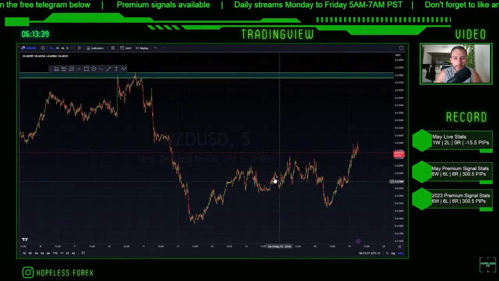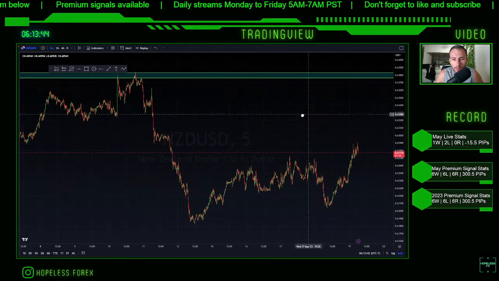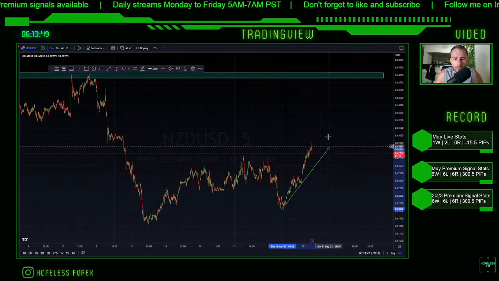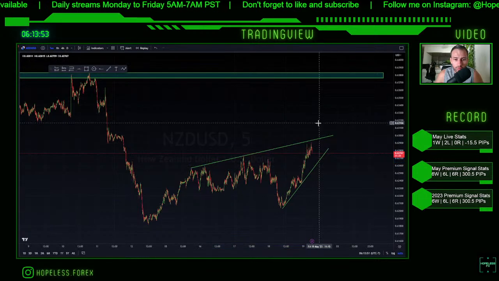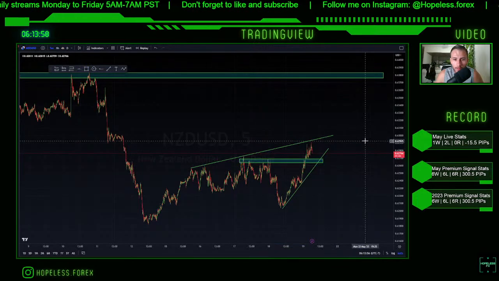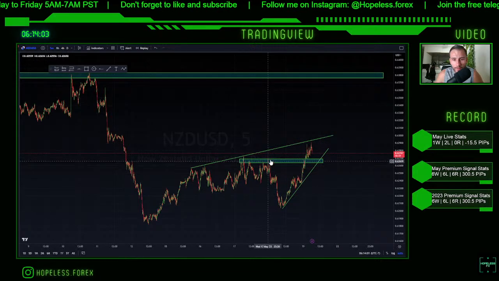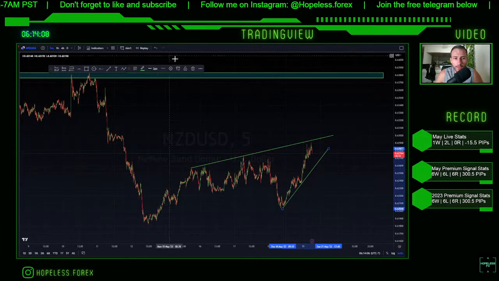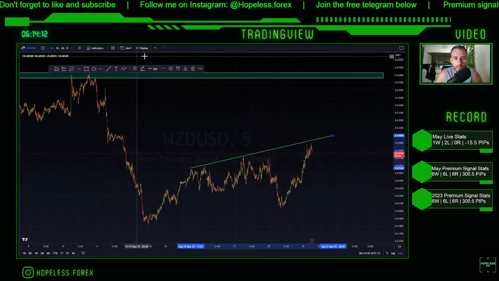On the lower time frame, again, not much here, we've got this little bit of a wedge. Some previous resistance could be turned into support, but it's a bit of a wishy-washy pattern. So we will leave it for today.